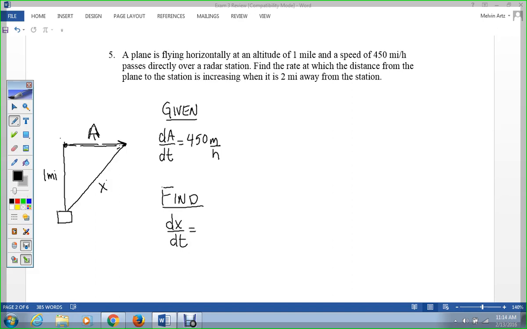And we need to find this at a particular instant. So when are we trying to find dx dt? It says find the rate at which the distance from the plane to the station is increasing when it is 2 miles away from the station. So it doesn't say the horizontal distance, a. It says the distance from the plane to the station. So that would be when x equals 2.